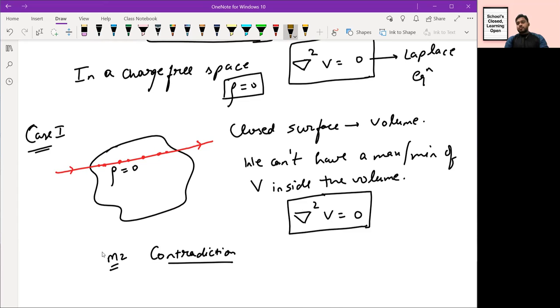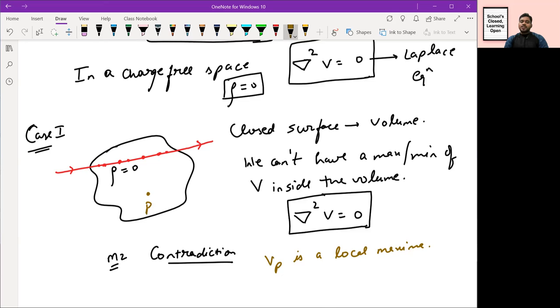Let's say that we have a point P which has a maxima. Vp is a local maxima of potential. We have assumed this.